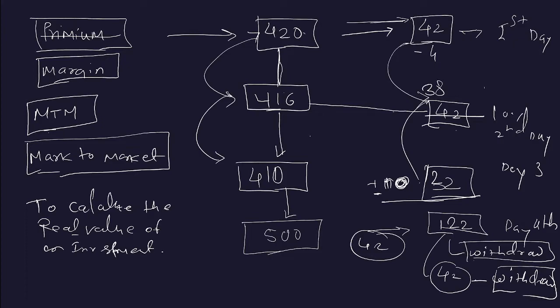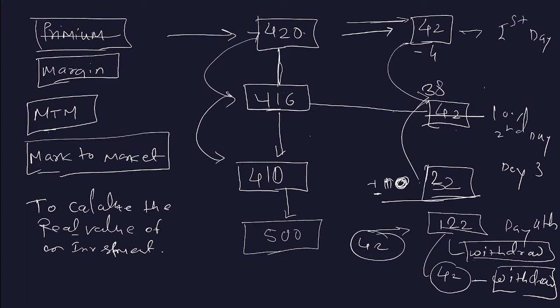The important thing, and why we are discussing this part, is that you should know how premium and margin work. Premium and margin work with the market price of securities. If the price of securities goes up, then margin will go up. If the price of securities goes down, premium also will go down.